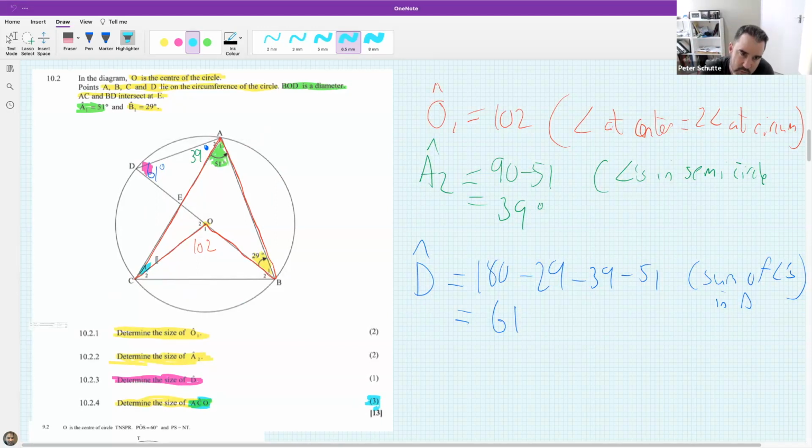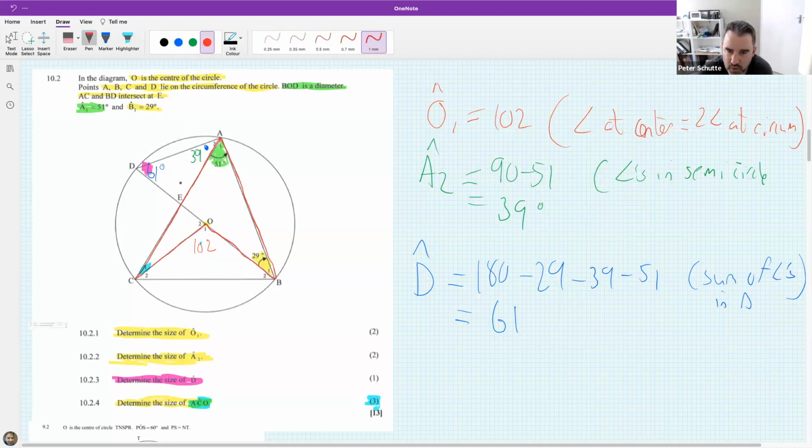Now, what can we do to help us? There's a couple of different ways we could do this. We know that one was 90. Look, we know that's 102 over here. What other things can we do to help us? I'm only seeing a longish way at the moment.